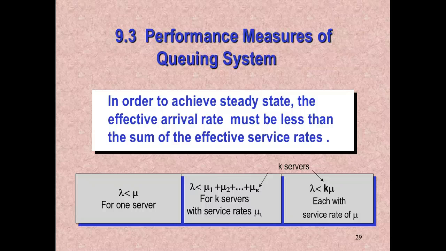So if we have 3 servers, each knocking things down at 5 an hour, that's an effective service rate of 15 per hour, right? 5 plus 5 plus 5. Okay? So those are the conditions that we have to have.